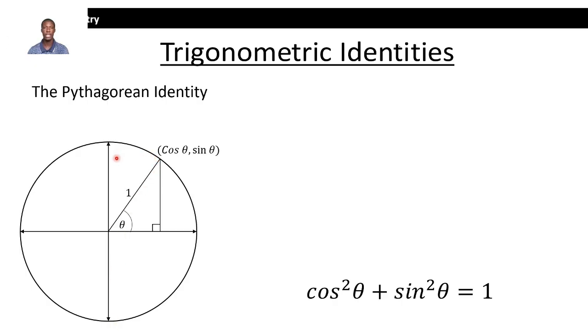The diagram we see here is a circle with radius 1 unit, and so we call it a unit circle. For a coordinate x, y here, it means that the length from the origin to this point is x, and the length from the origin to the top here is y. Okay, but why have I replaced cos theta and sin theta with x and y?